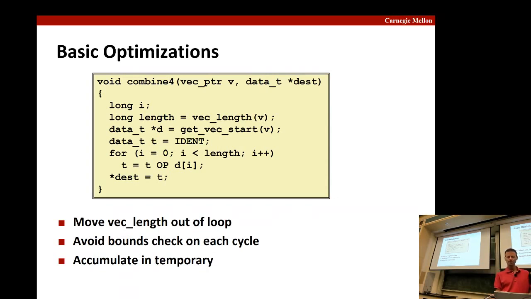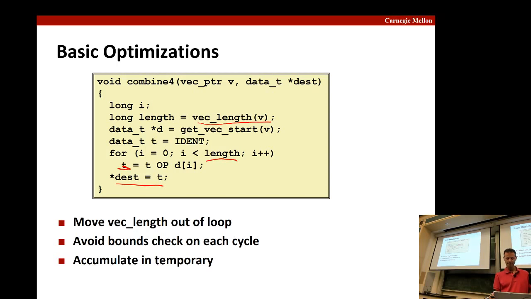So the types of optimizations are some of the ones we've seen before, right? So we don't want to store every time through the loop. So we want to use a temporary to accumulate, as we did in our earlier example, earlier in the class. All right, and so anything else, like the length, again, we want to pull that out once and for all, and not have to recalculate that.